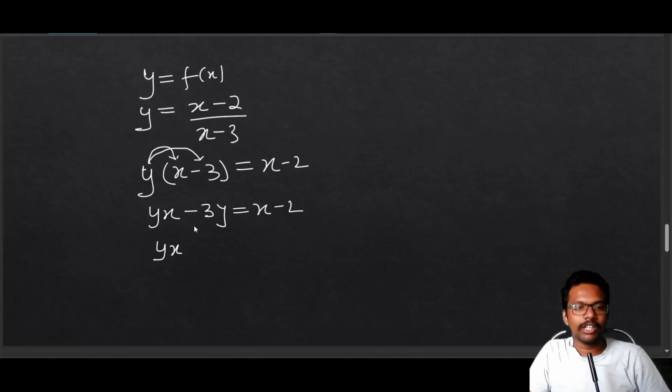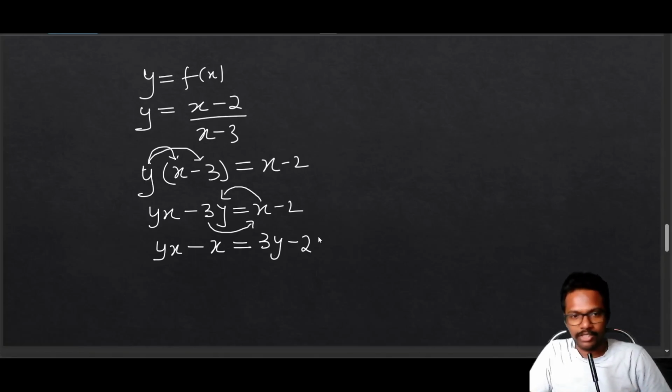The x term present on the right side, if you transfer it to the left side, becomes minus x equals to, and if I transfer this minus 3y to the right side, it becomes 3y minus 2.